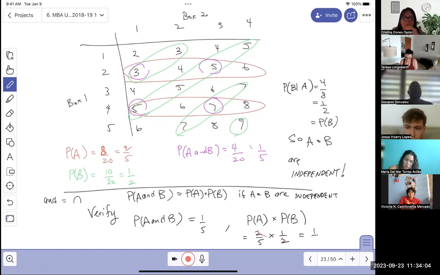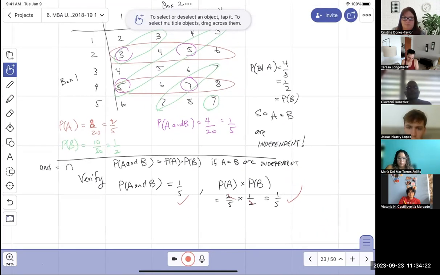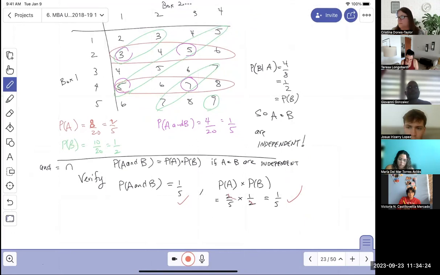If you guys are not good with fractions, I have to do this one more time, but basically it's the same thing. Since they're the same, it means they're independent. 1/5. I can do it without the rounded or reduced numbers here.